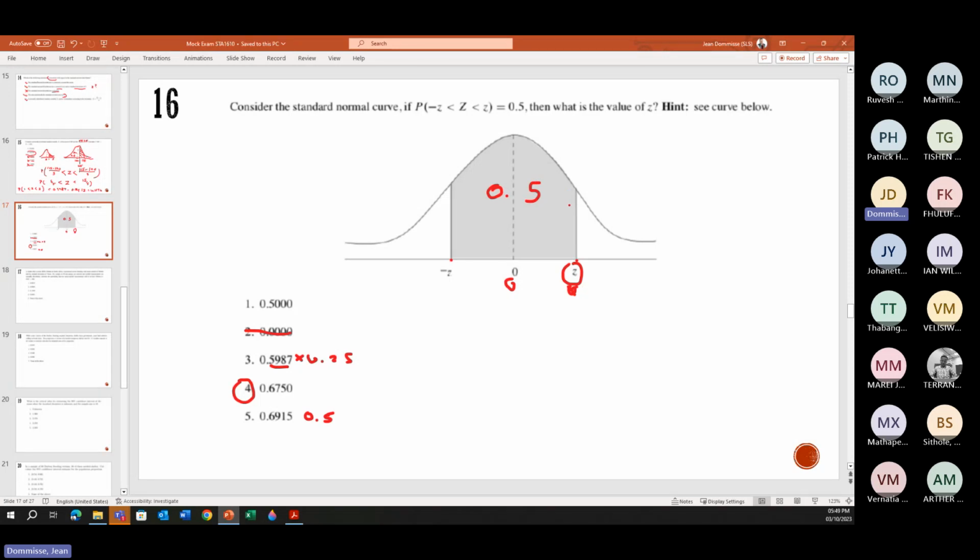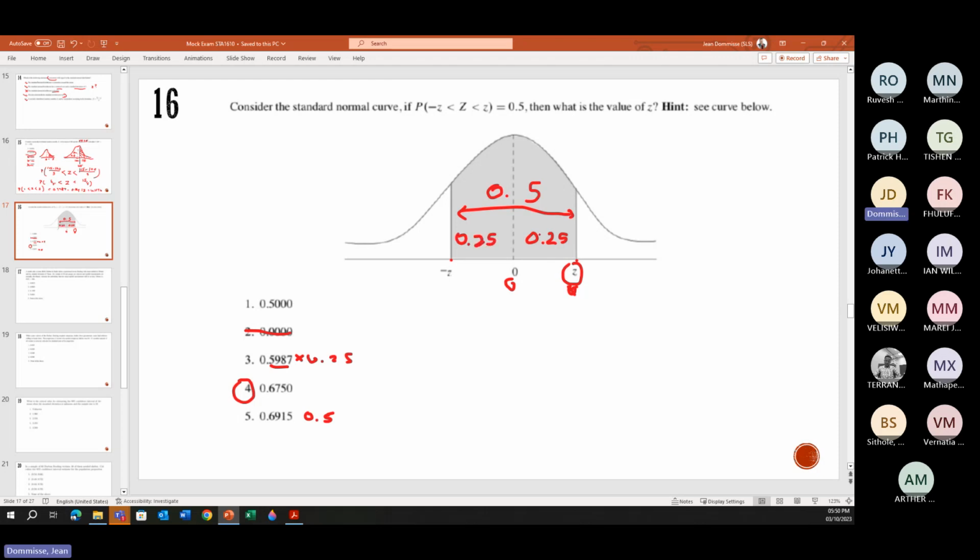Remember that with your normal distribution, it's always in symmetry. So if this area is 0.5, between 0 and Z will be 0.25, and between 0 and minus Z will also be 0.25.